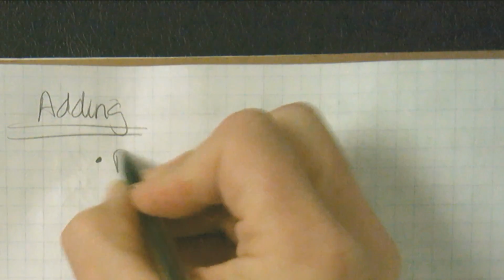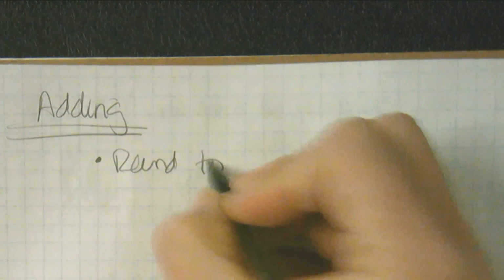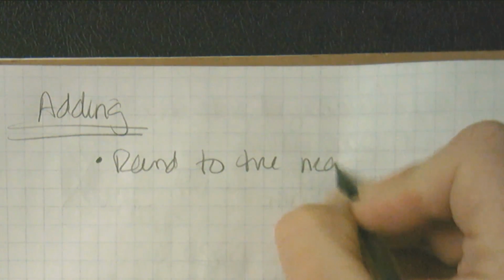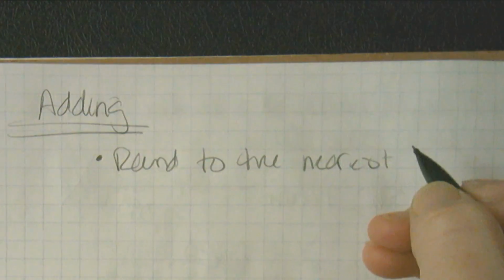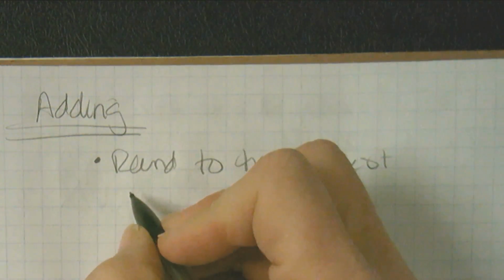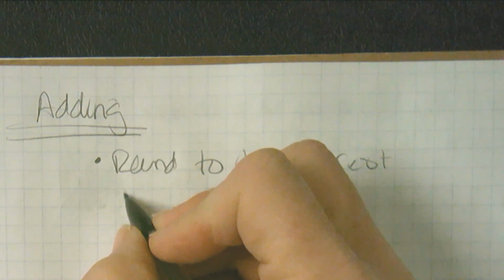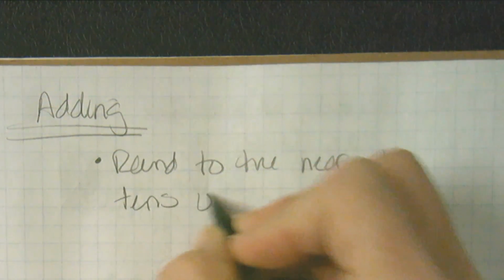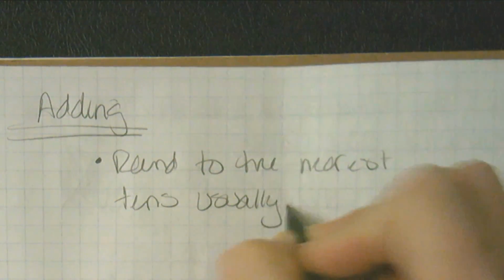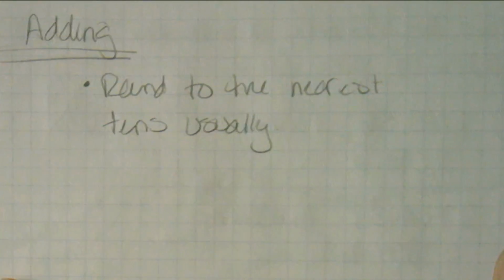When we're adding, what we want to do is round to the nearest tens usually. That makes for easier math.